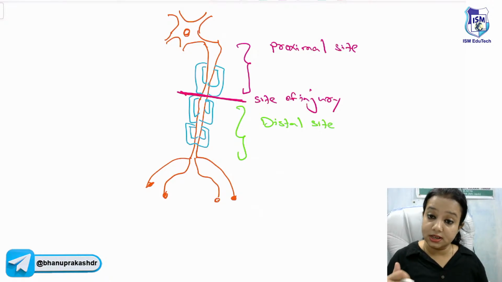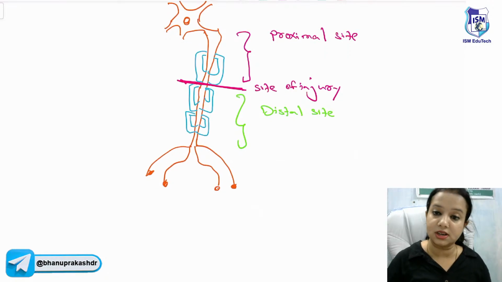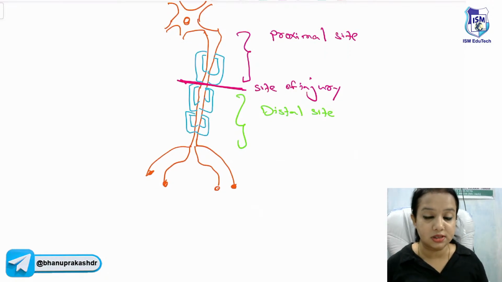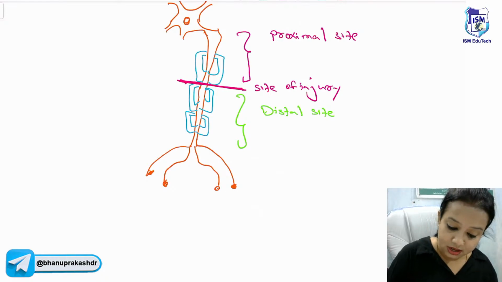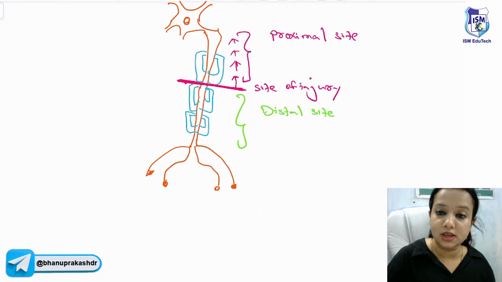When the degeneration changes happen in the proximal site, it happens in the opposite direction. Opposite direction means, from the site of the injury, the degeneration is happening backward, from the site to the cell body.